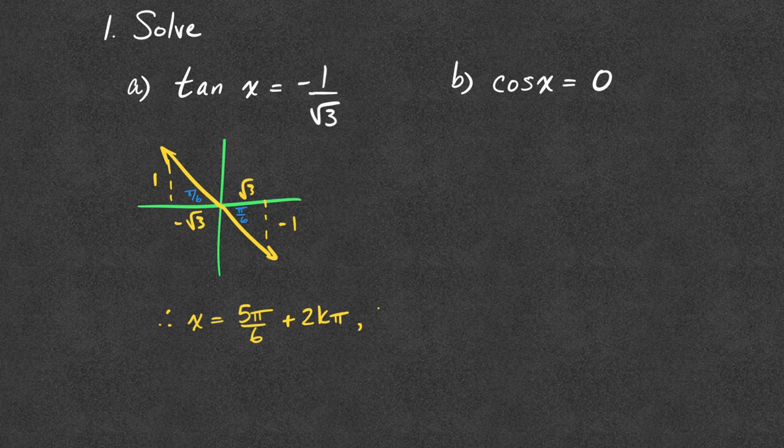If we imply that k is an integer, then plus 2k pi would give me any full rotation. I could then write that I was at 11 pi by 6 plus 2k pi with that same restriction on k, that it is an integer.